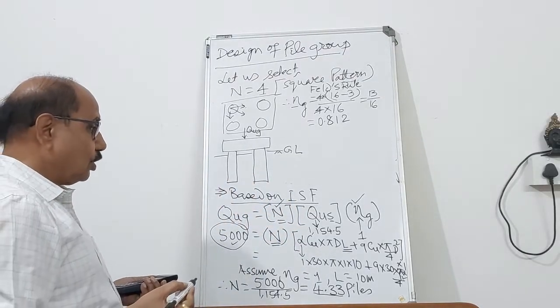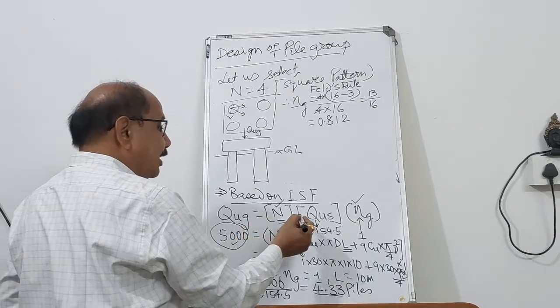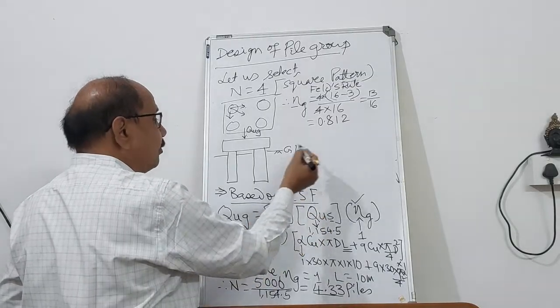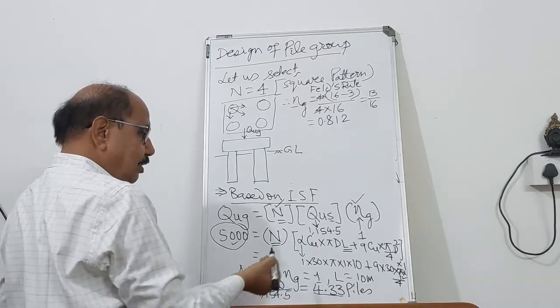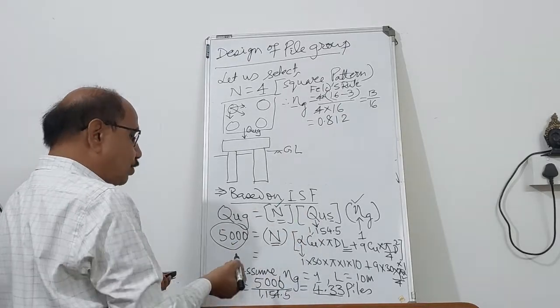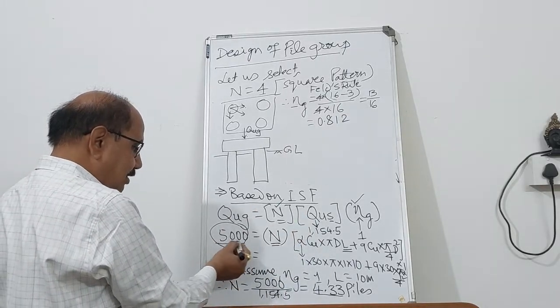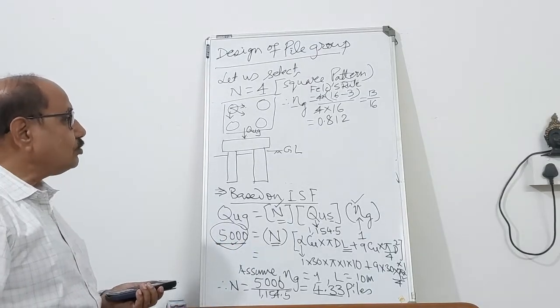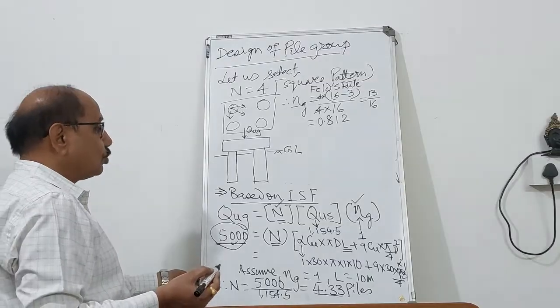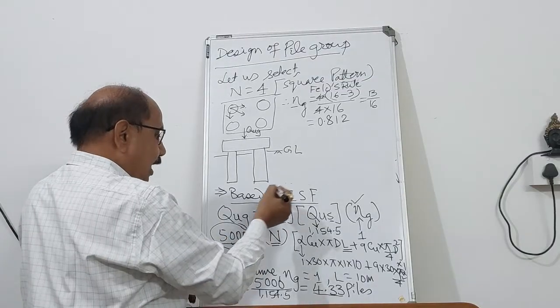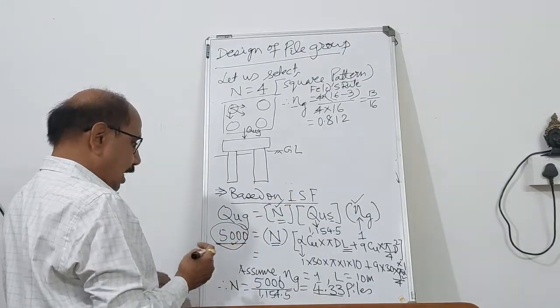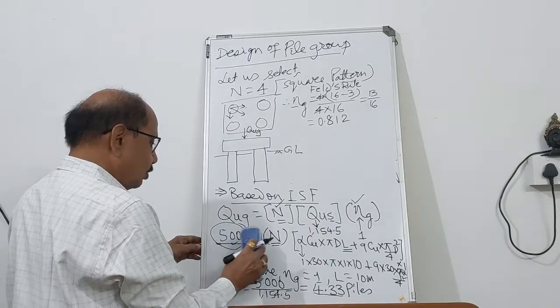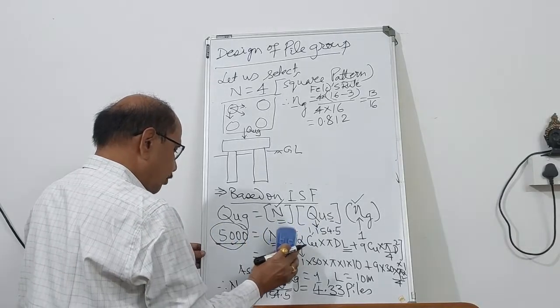Now, the diameter is also available, that is 1 meter. So what should be the length of the pile so that it carries the ultimate load of 5000 kilonewton? Now you can substitute and find out the values.